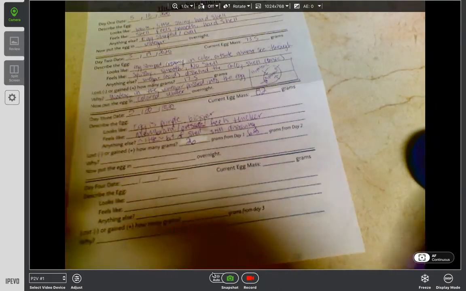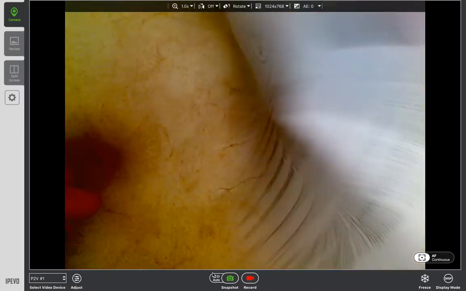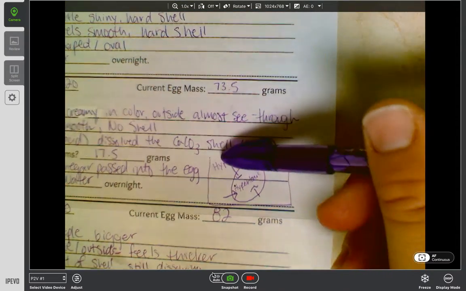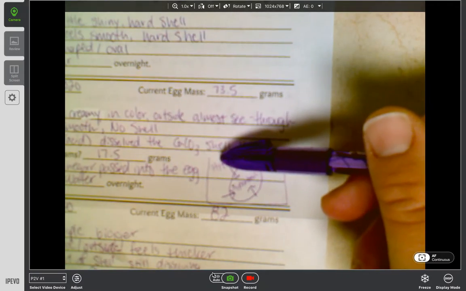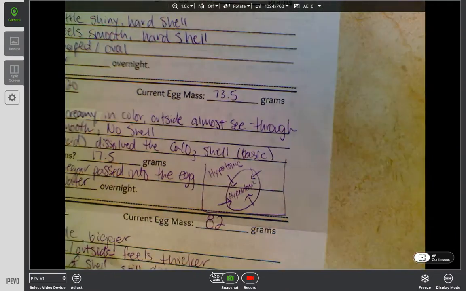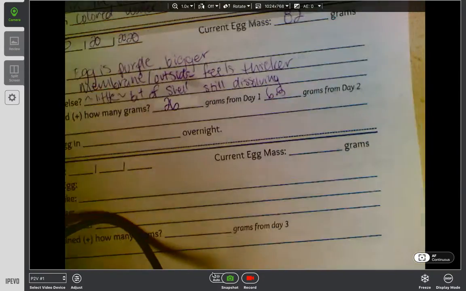Now, why did this happen? Just like we talked about with osmosis yesterday, a liquid is passing through our membrane, and with our little picture here, water is coming from the hypotonic, because the acid was hypotonic compared to the hypertonic egg. So it's passing into where there's more solute. It's trying to dilute it.